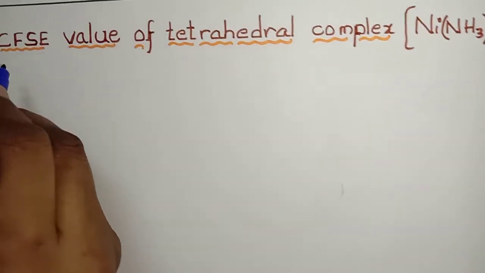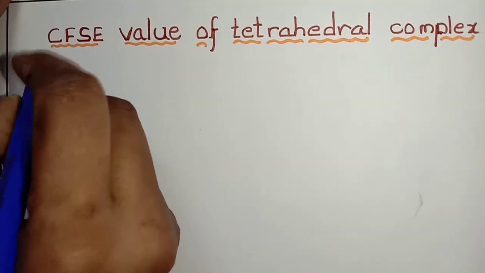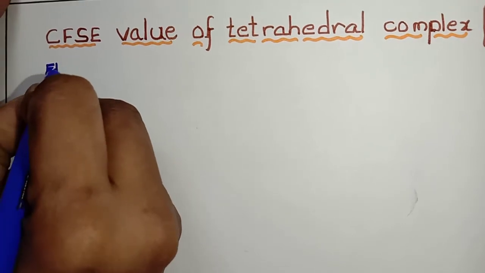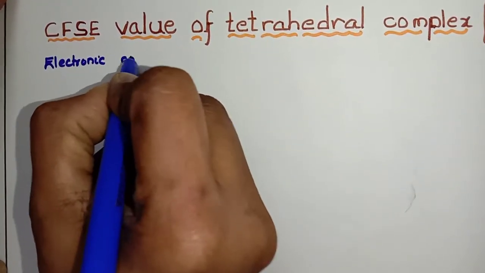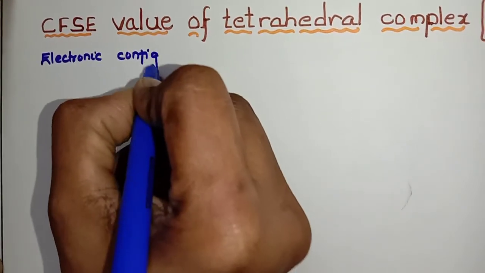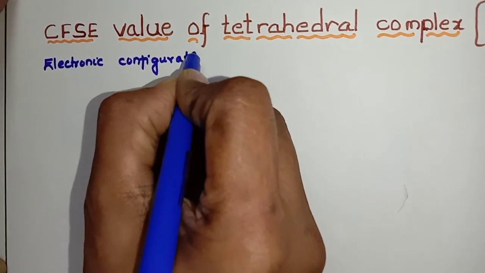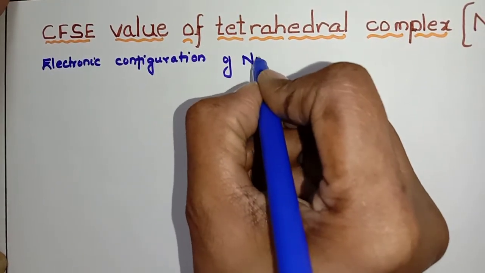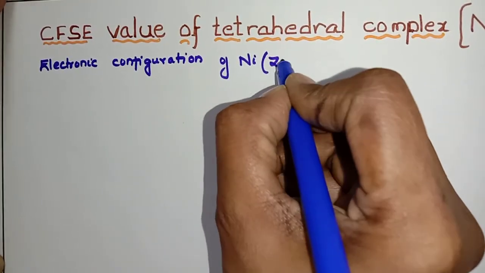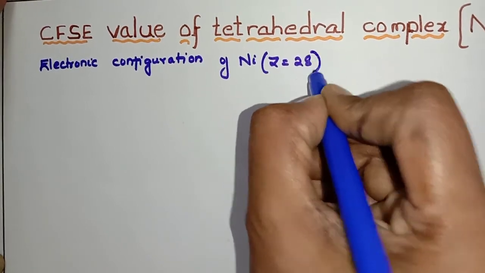To begin with, first let us write the electronic configuration of nickel. Its atomic number, we all know that it is 28.